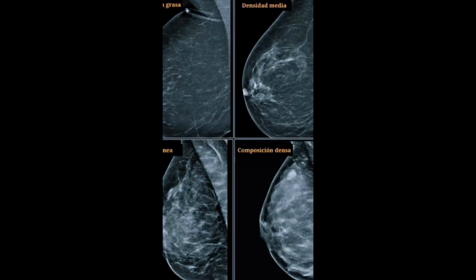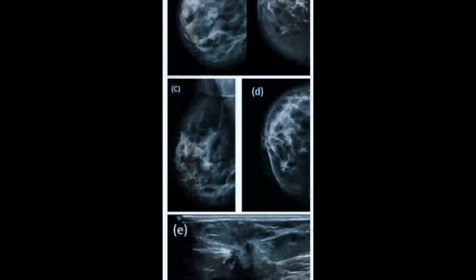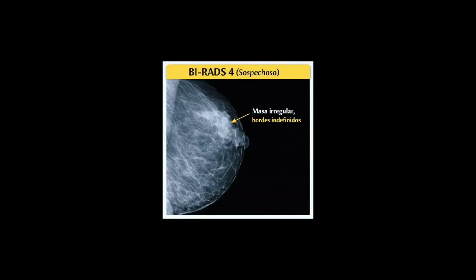Architectural distortion without a defined mass, highly suspicious for tumor infiltration. Management: urgent biopsy, immediate referral to a specialist, oncology or mastology, and rapid initiation of staging and treatment.